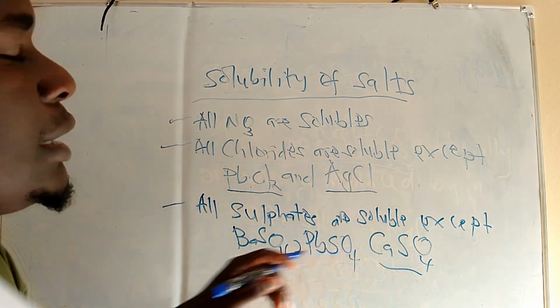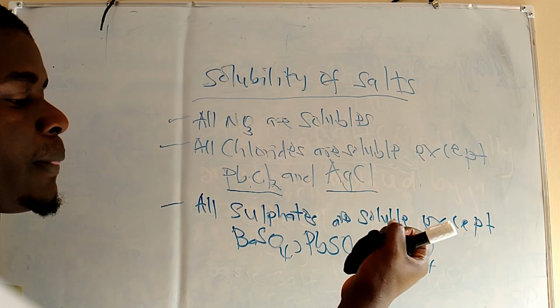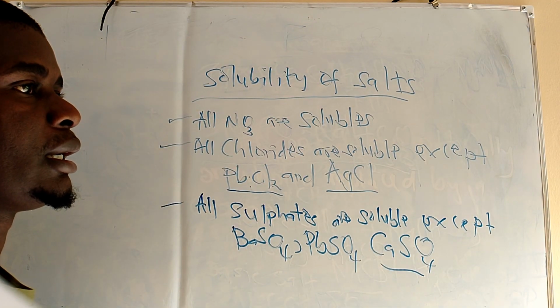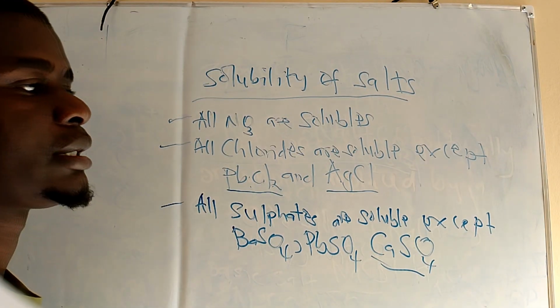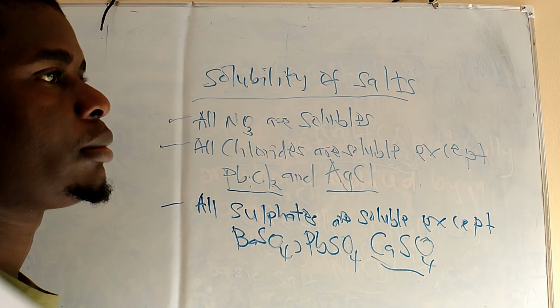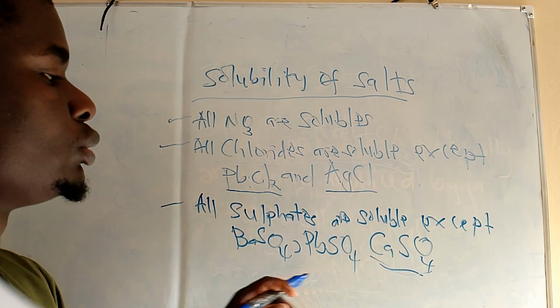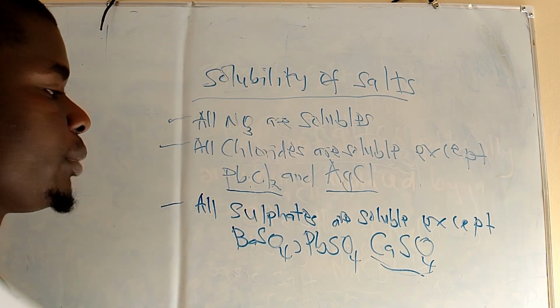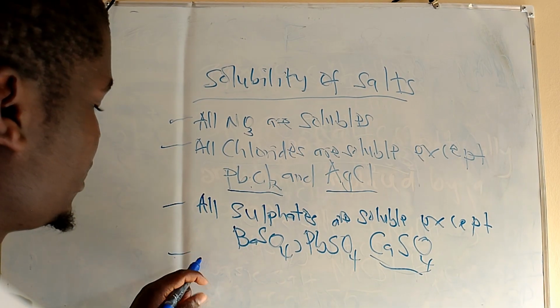Calcium sulfate is slightly soluble, but we cannot use calcium with sulfuric acid if we want to prepare some salts, because they form white precipitates.